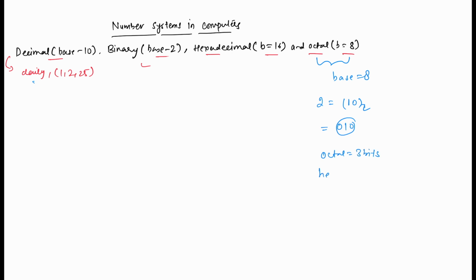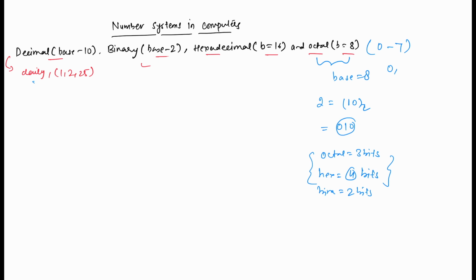For the hexadecimal, we have a 4 bit number. We represent it in the form of 4 bits. For the binary, we represent it in the form of 2 bits. This is how you can differentiate how we represent an octal and a hexadecimal number. In octal, we represent numbers from 0 to 7.